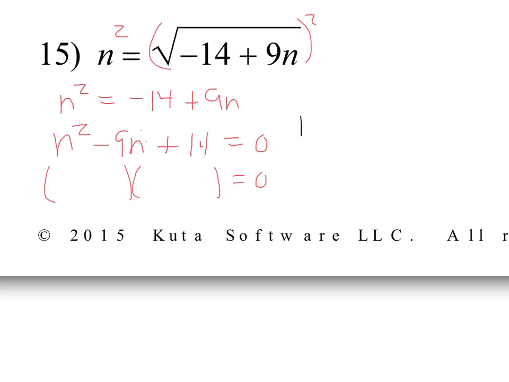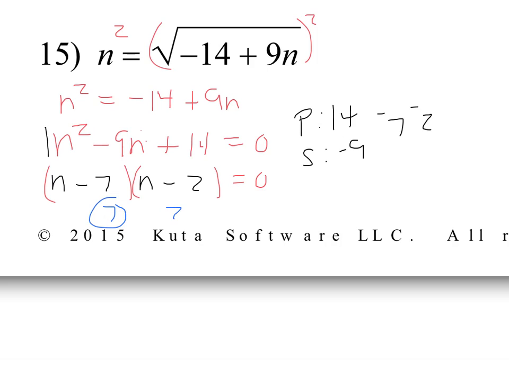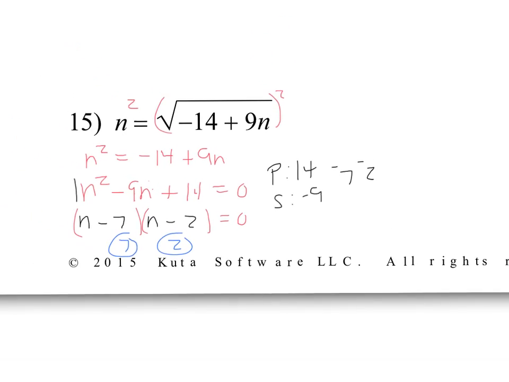We're looking for two numbers that have a product of 14 and a sum of negative 9, and that would be 7 and 2, both of which are negative. So we have n, and since this coefficient is 1, we can go right to our factored form with those two numbers, which means we have a 7 as a possible solution and a 2 as a possible solution, which, yes, we do have to check.